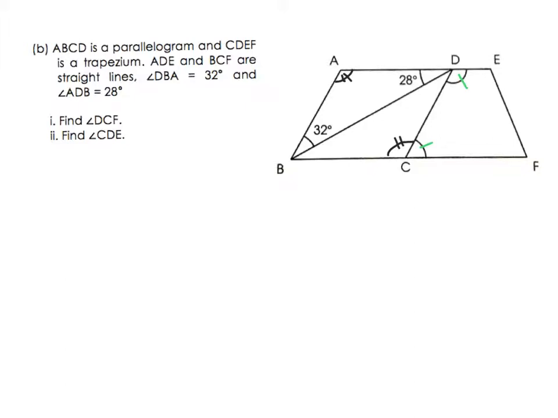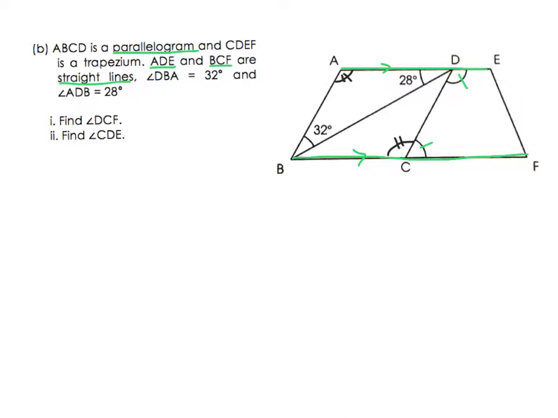Now it's interesting to note that ADE and BCF are straight lines, meaning since it's a parallelogram, these are parallel to each other. That makes the lines that cross these two as transversals. So what does that tell us?